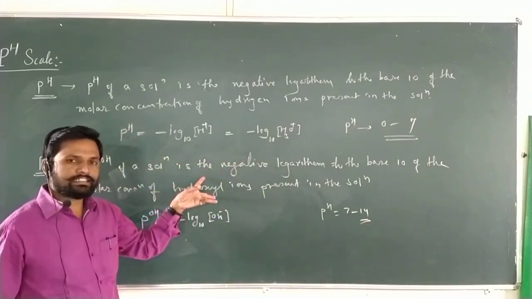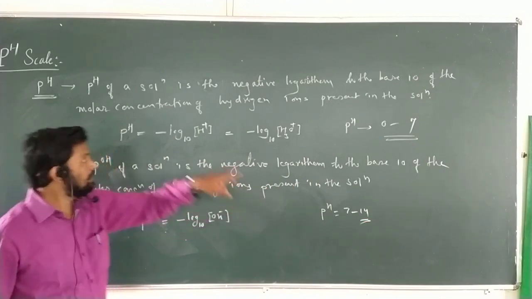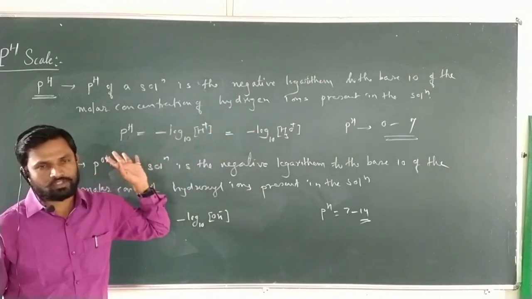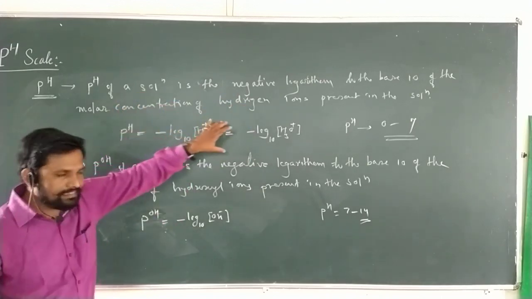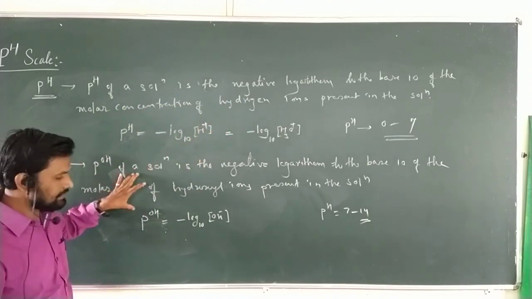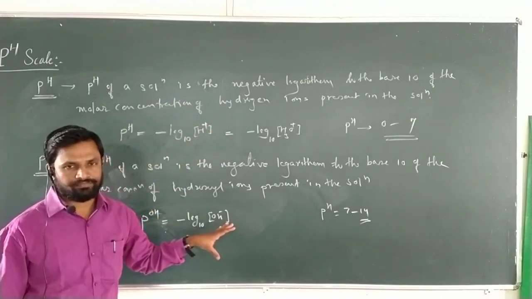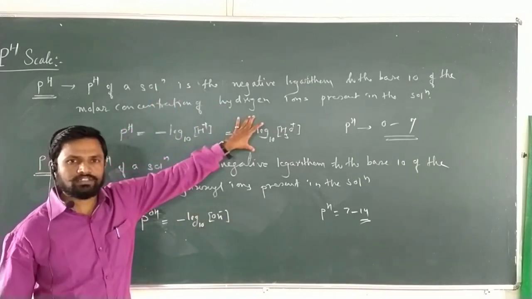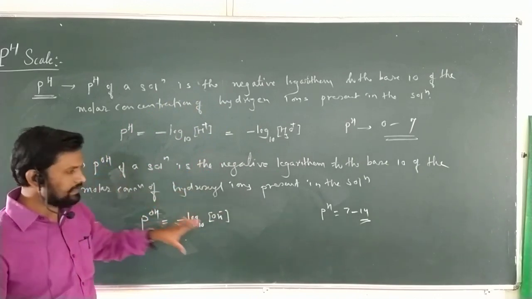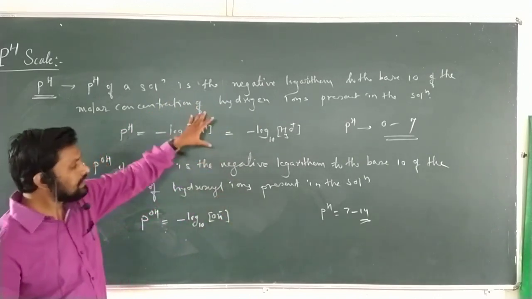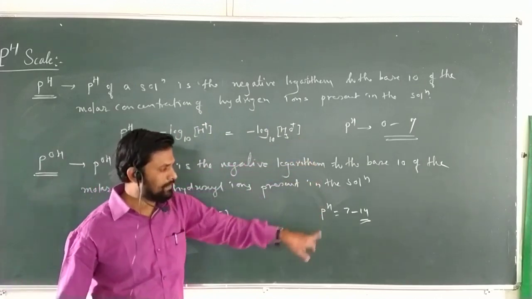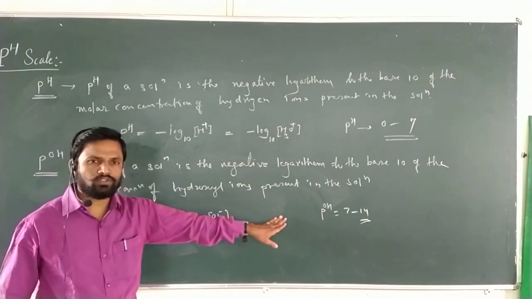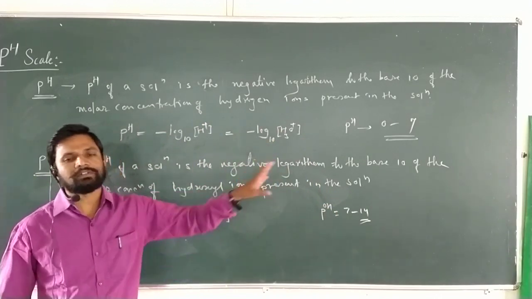pOH indicates the presence of hydroxyl ions in the solution. pH indicates the presence of hydrogen ions in the solution. pH indicates the acidic nature of the solution, and pOH indicates the basic nature of the solution. From these ranges of pH and pOH, we can say that if the pOH of a solution is 13, it is a strong base.